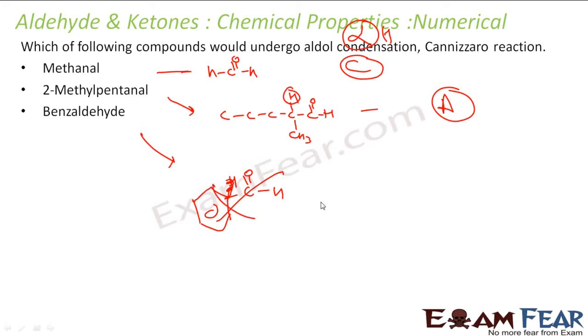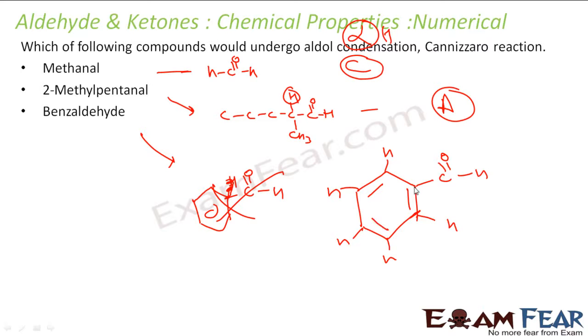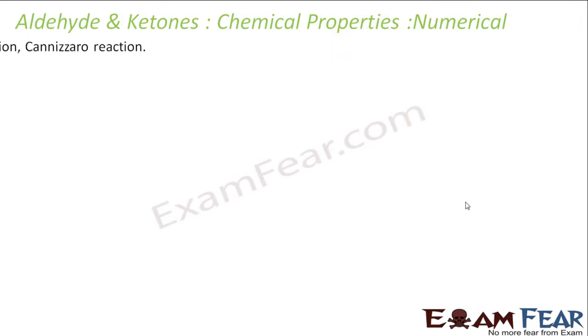Let me draw it clearly for you. See, this carbon is not having any alpha hydrogen. This is the alpha carbon. There is no alpha hydrogen. Already 4 bonds are gone. 1, 2, 3, 4. So there is no alpha hydrogen in benzaldehyde. So it will go for Cannizzaro reaction.